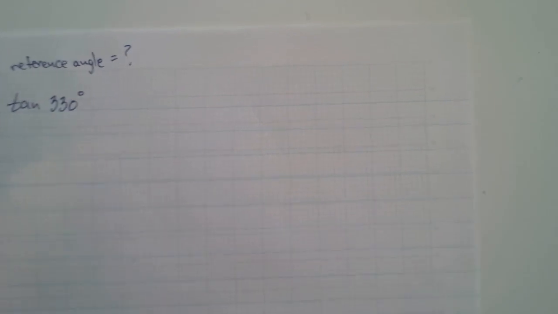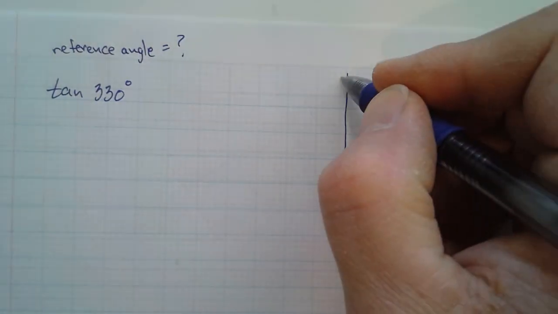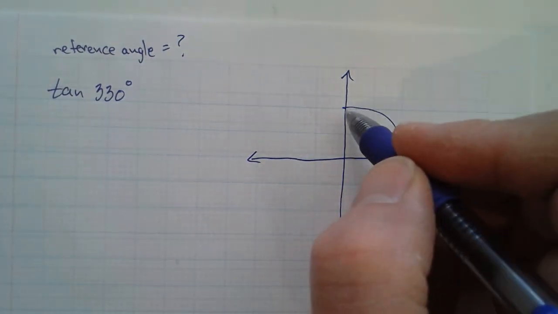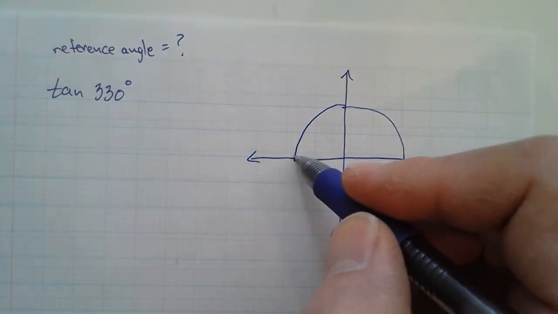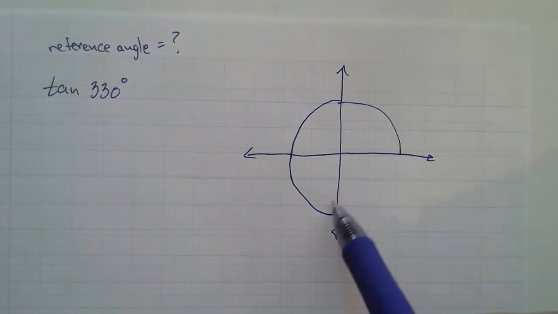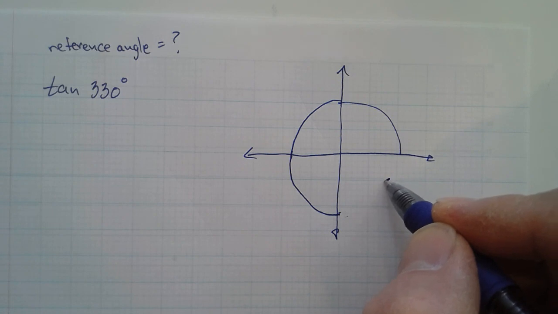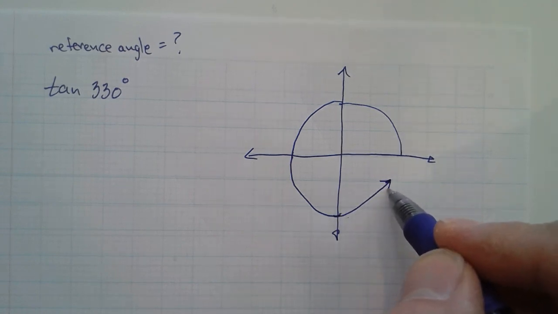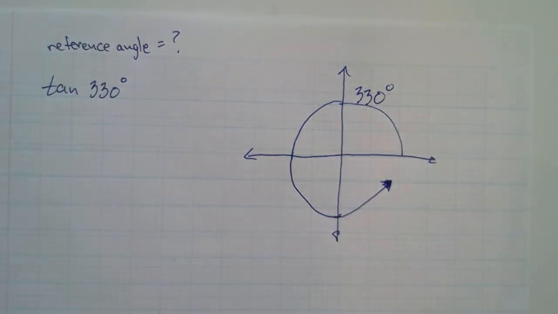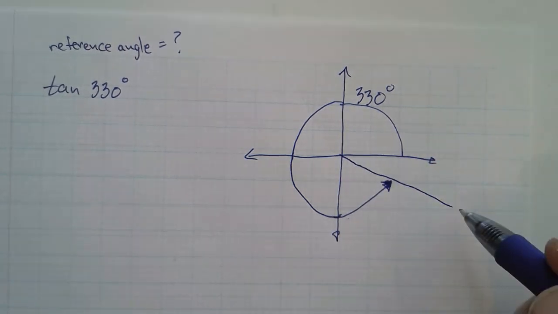All right, so we're going to draw 330 degrees. 90, 180, 270. So it's between 270 and 360. 360 is all the way around, so we're 30 degrees short of that. So we'll draw it right there. There's a 330 degree angle. So we always connect the end of our arrow with the origin there.